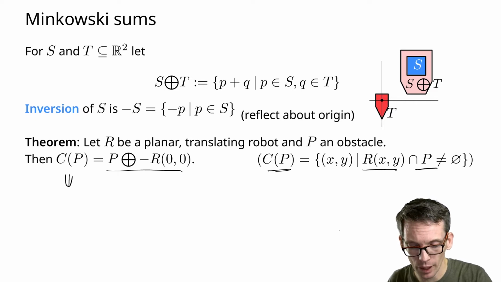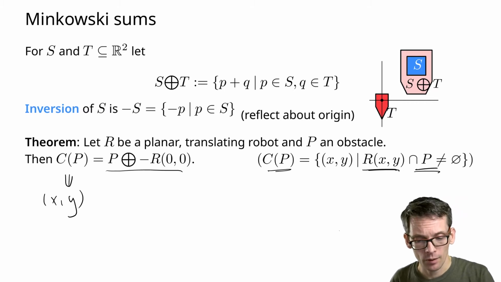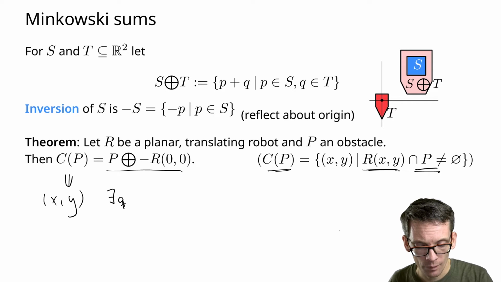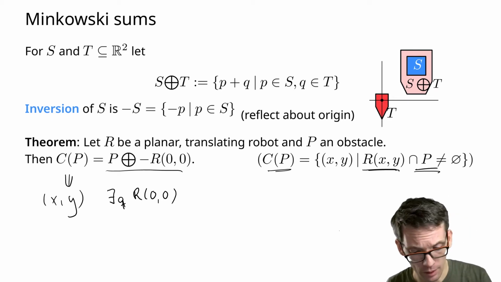Because if we have a point xy in the forbidden space, what does that mean? It means that R_xy intersects P. That means there is a point in R_0,0 such that, translated by xy, it lies in P.